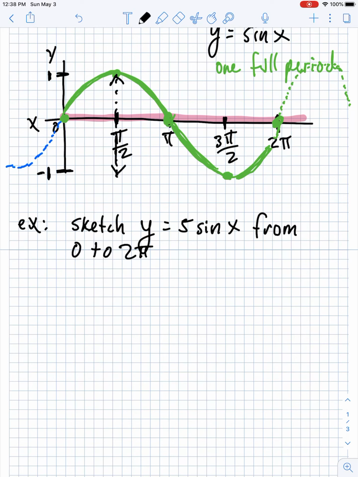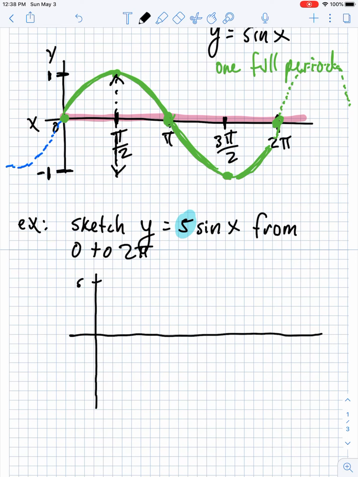So let's see. This 5 out in front is going to take the regular sine curve and do a vertical stretch on it. So instead of going from -1 to +1, it's going to go from -5 to +5, but it's still going to behave the same way in terms of the x values. Only the y values are going to change.